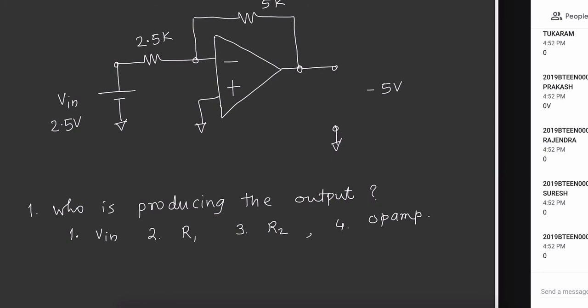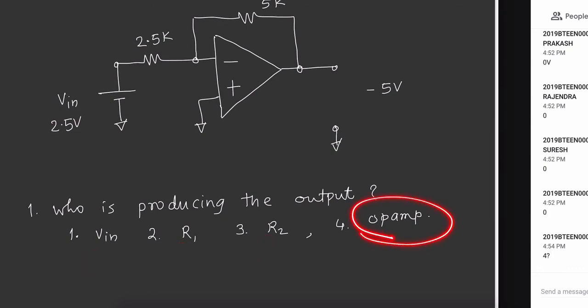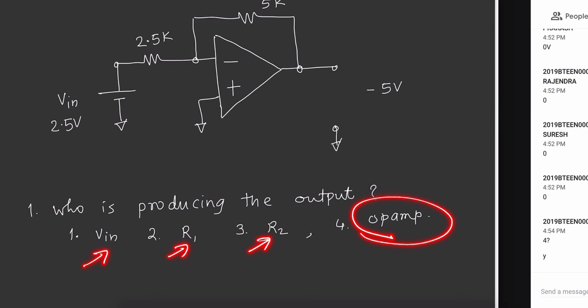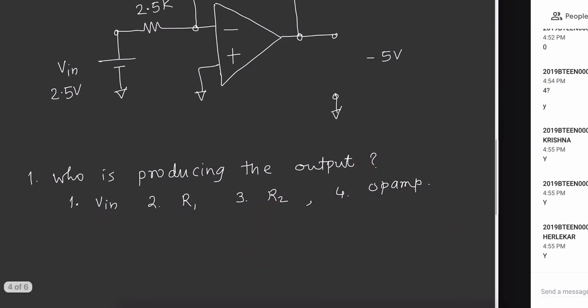What is the answer? 4. Actually everybody is contributing. Vn is contributing, R1 is contributing, R2 is contributing, but actually the output is produced by the op amp under the combination that we are giving. Everybody understanding this? Yes or no?